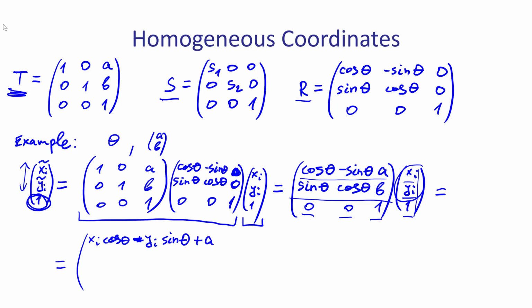So this is exactly what is expected from rotation and adding some coefficient a for translation in that direction. And then xi multiplied by sine of theta plus yi multiplied by cosine of theta plus b, as expected for the second equation. And here you get just 1. This is the solution for that problem of rotation first and then translation.